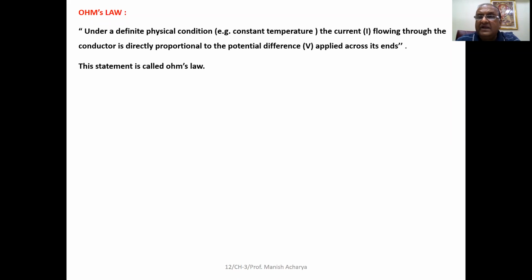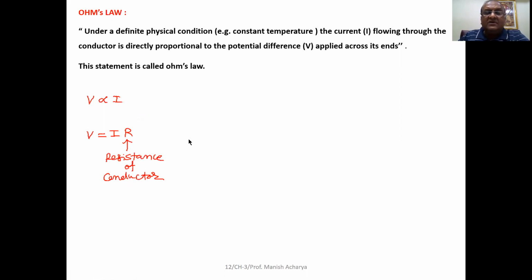So we can write, if the potential difference applied across two ends of the conductor is V volt, and the current flowing through the conductor is I ampere, then V is proportional to I. Or we can say V by I is constant. And that constant is called the resistance of the conductor.